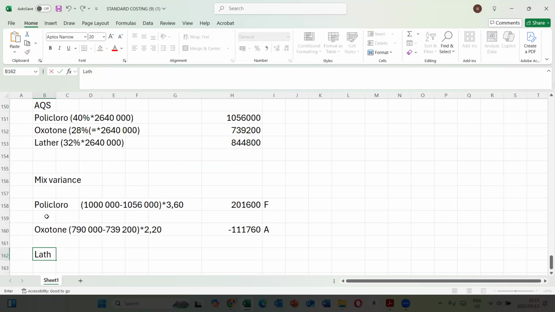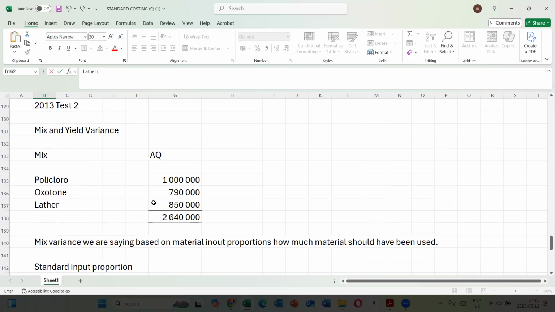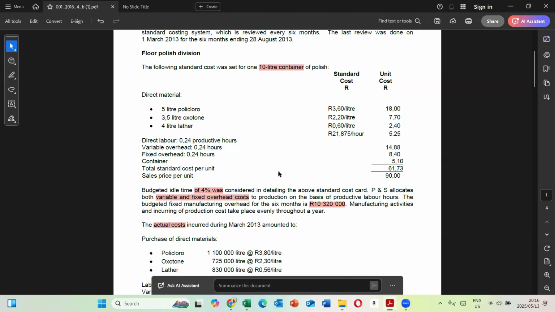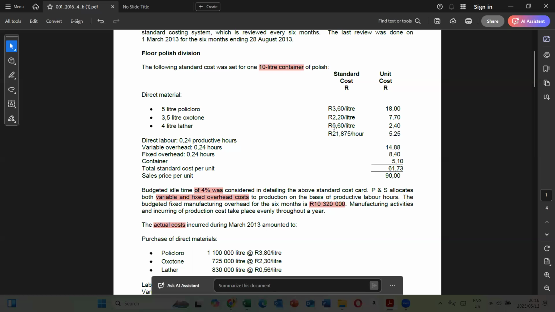And then we have lather there. All right, so in regards to this, we used 850,000. Right? We should have used 844,800. Then we multiply that with our price per unit, which is 0.60 there.